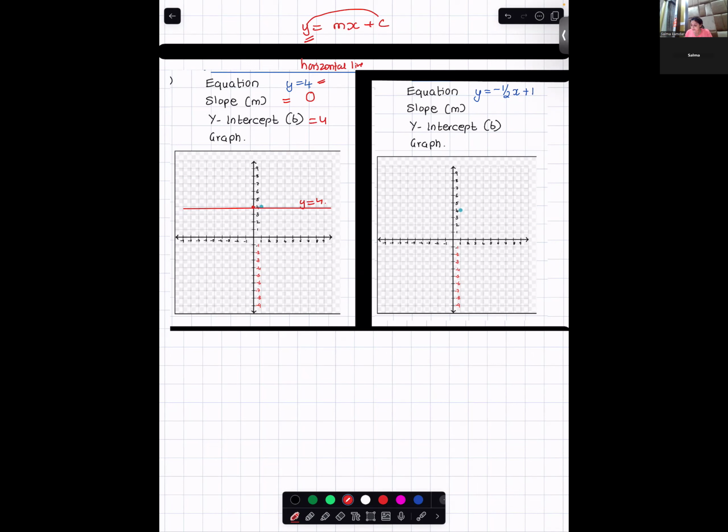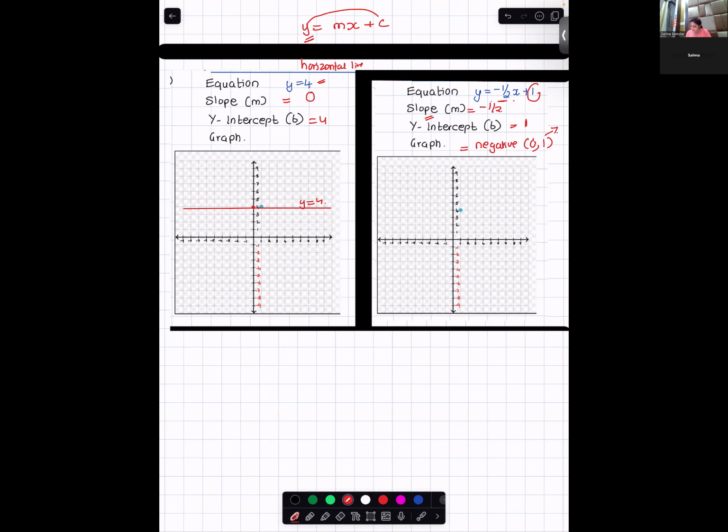Here, y is equal to minus half x plus 1. Slope is minus half. Y-intercept is 1. So the graph will be a negative slope with the coordinates of (0, 1): x coordinate 0, y coordinate 1.